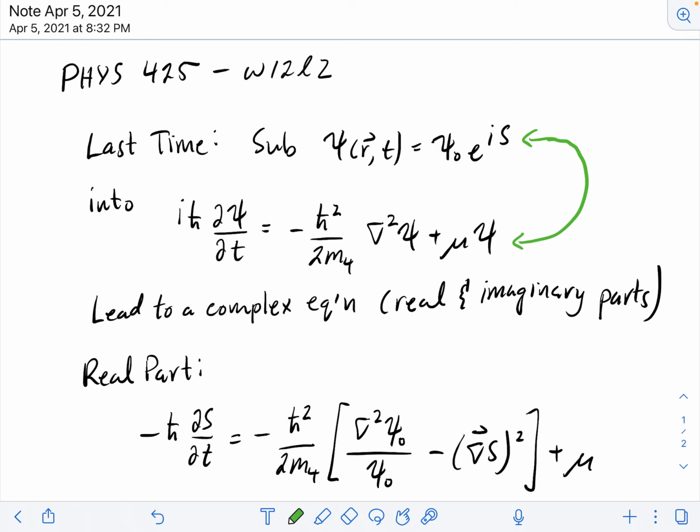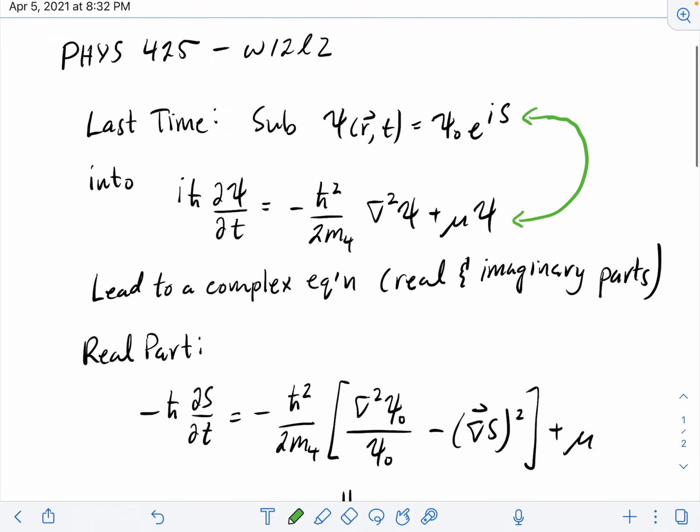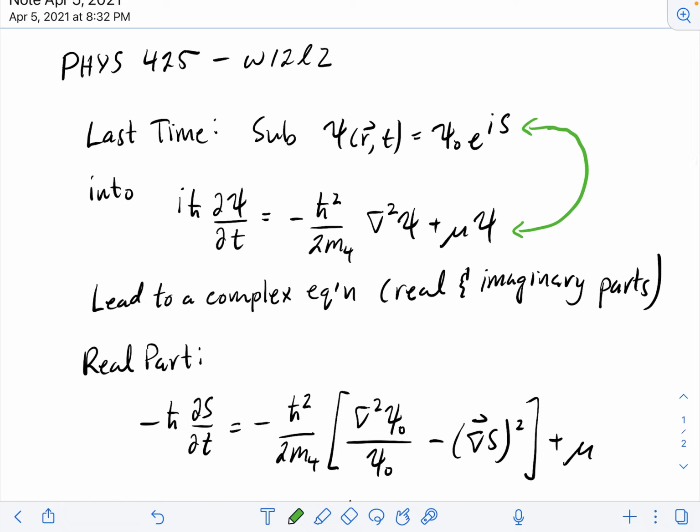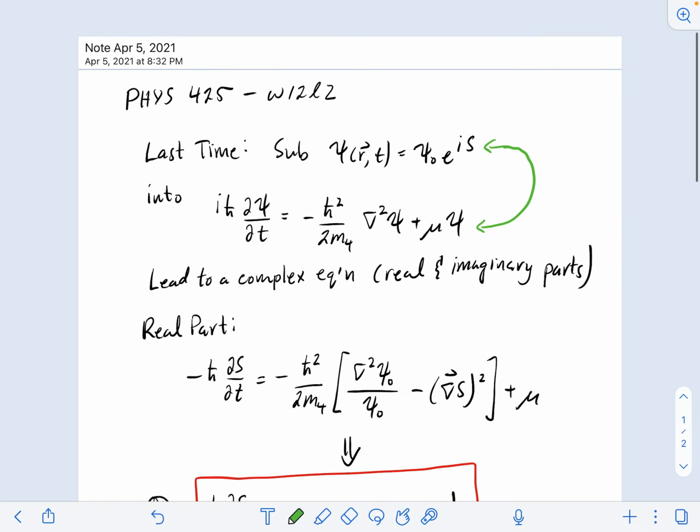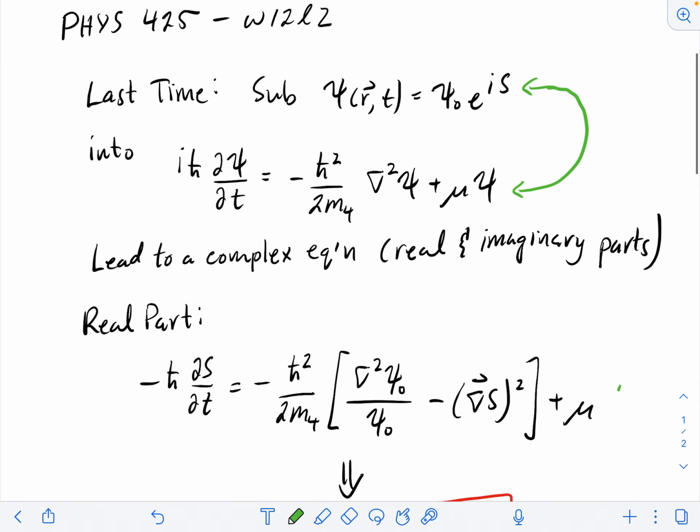We did that, we did some manipulations, and then we ended up with a complex equation, complex meaning that it had real and imaginary parts. And what we did is we said, well, okay, the real parts of the left-hand side and the real parts of the right-hand side have to be equal to each other. That led to this expression.